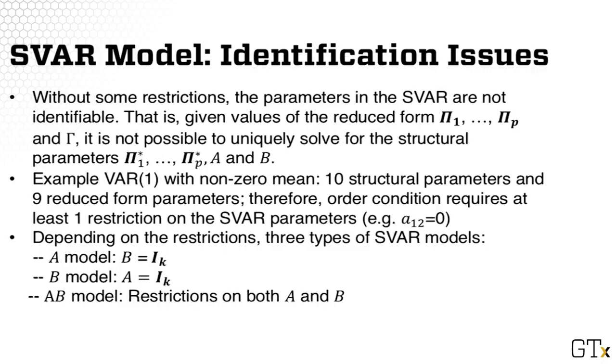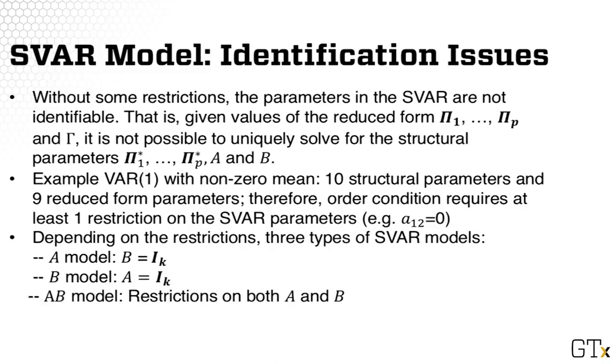It's important to remember that the structural VAR needs to impose some constraints on the matrices A and B. This is because of the so-called identification issue. That is, the parameters in the structural VAR are not identifiable because they cannot be estimated uniquely.